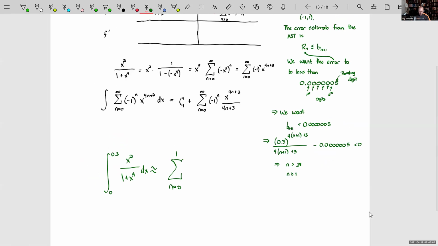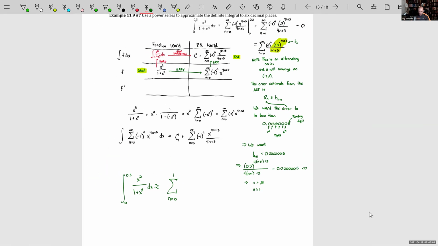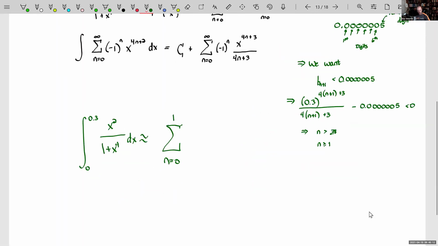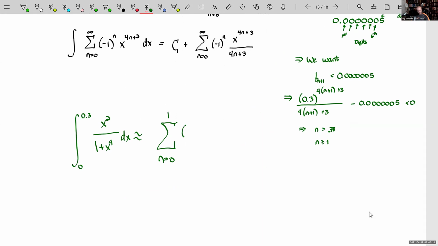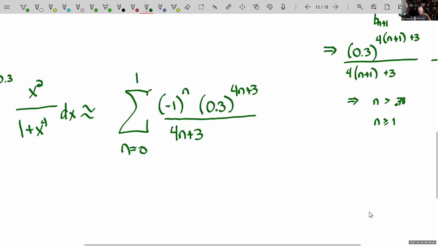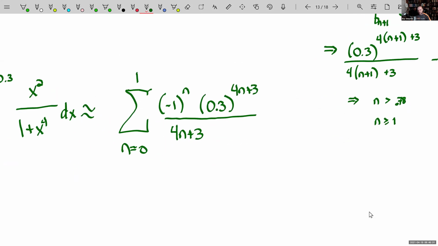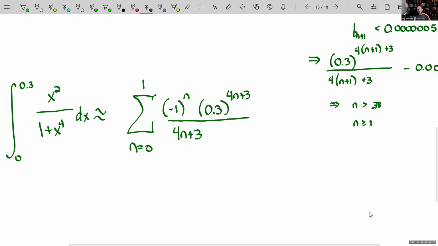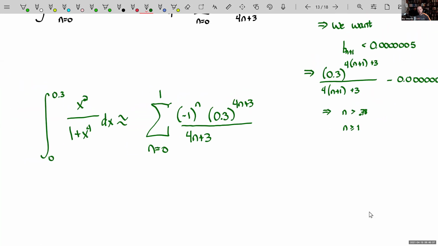Of negative 1 to the nth, 0.3 to the 4n plus 3, over 4n plus 3. All right. So adding up that many terms, the first 2 terms technically, because it starts at 0, will give us that level of accuracy. And you can grab a calculator for that if you want to.